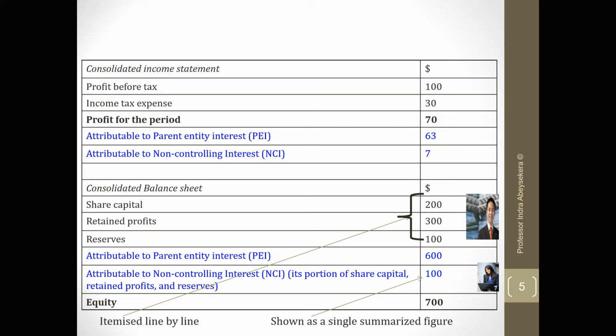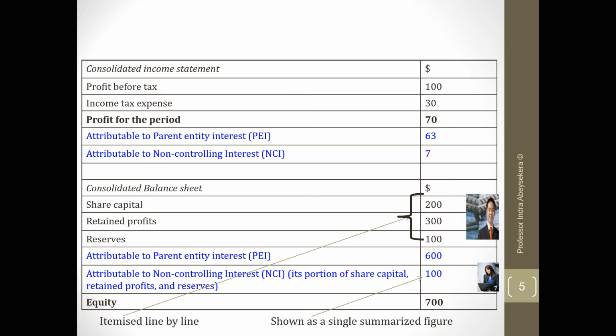So what is non-controlling interest? If you look at a business combination, and if that business combination has an ownership less than 100% of parent investing in the subsidiary, what it means is that the subsidiary will have shareholders other than the parent.